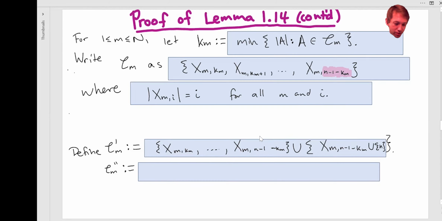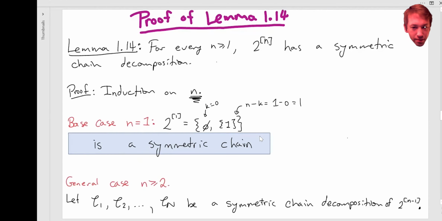The case n equals 1 was easy. Then we're considering n at least 2 and using the inductive hypothesis. By induction we got some symmetric chain decomposition C_1 up to C_N of the power set of 1 up to n minus 1. And we're trying to convert this into a symmetric chain decomposition of the power set of 1 up to n.